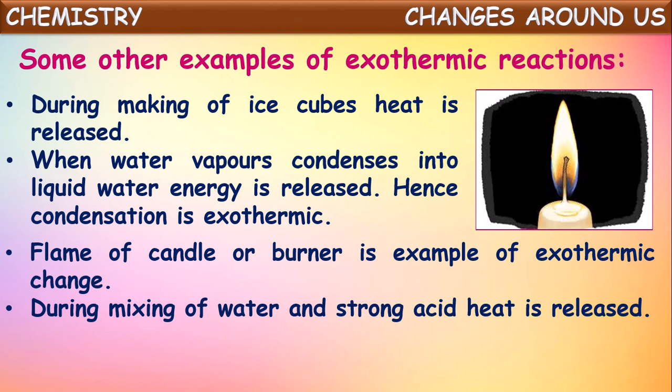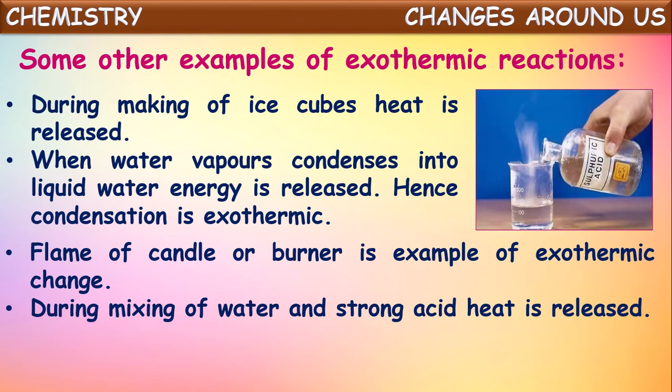One more. During mixing of water and strong acid, heat energy is released. Yes, this is also one of the examples of exothermic changes. When you add a small quantity of a strong acid like sulfuric acid to water, heat energy is evolved. So it also comes under exothermic change.